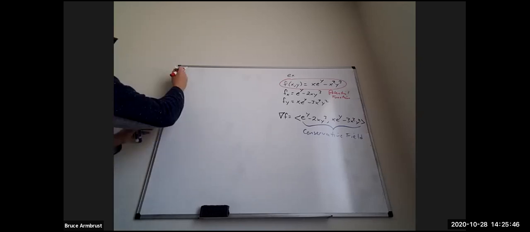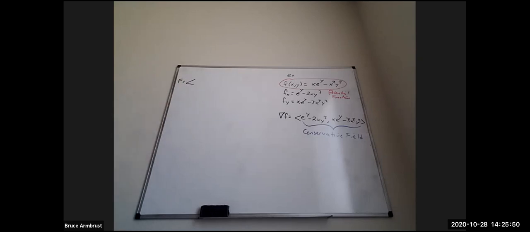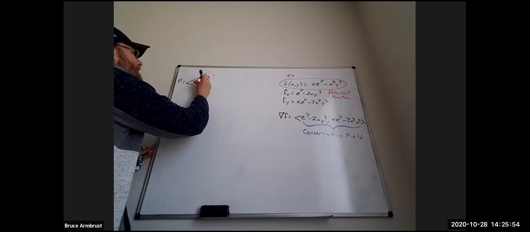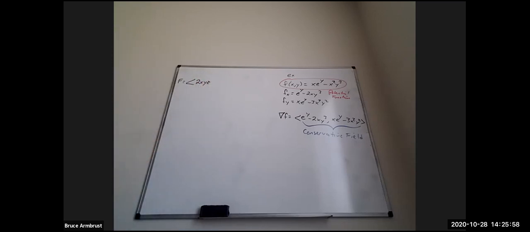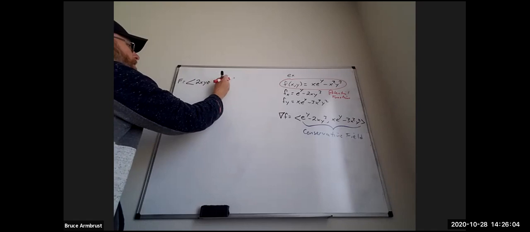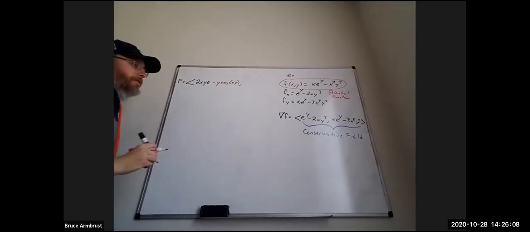So here's what I want for my components. I want F to be, let's go with 2xyz, and then minus y cosine of xy. All right, so that'll be our first component.